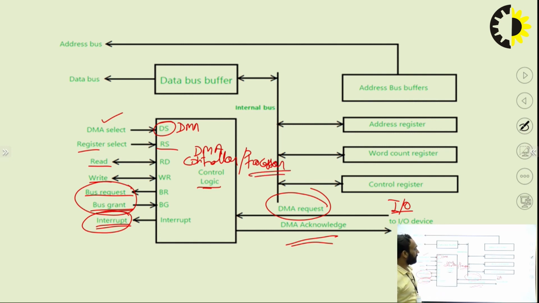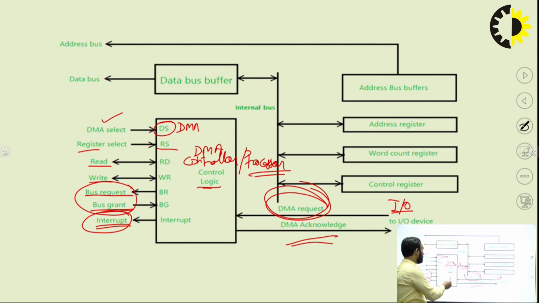So first the IO device will send a DMA request. Why is it sending a DMA request? It is sent to share data directly between memory and IO devices. IO devices may be a keyboard, mouse, or printer, whatever is relevant at the time of operation.